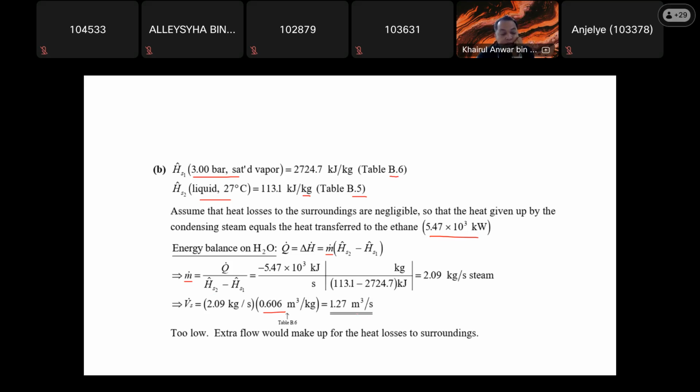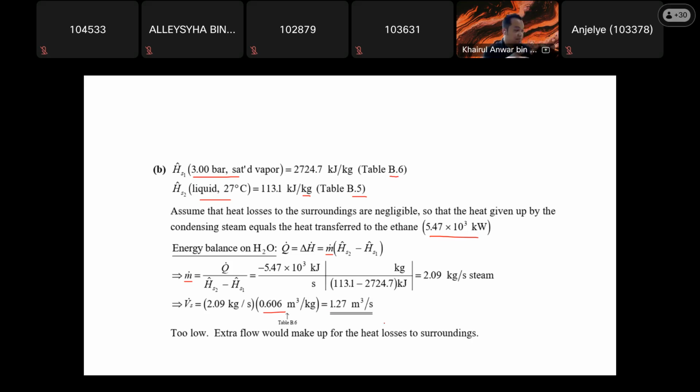So from this question, the steam flow rate is too low, extra flow would make up the losses to the surroundings. See, if the heat is not lost to the surrounding, the flow rate required is just this much.